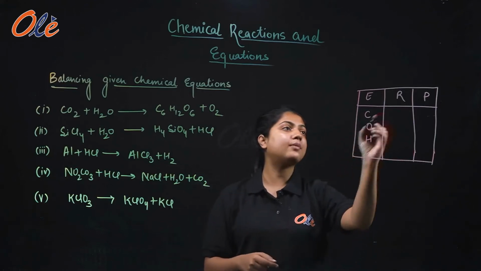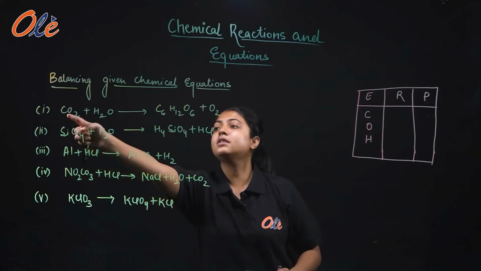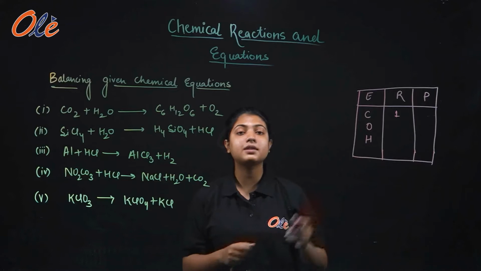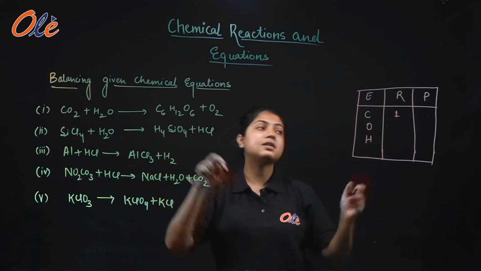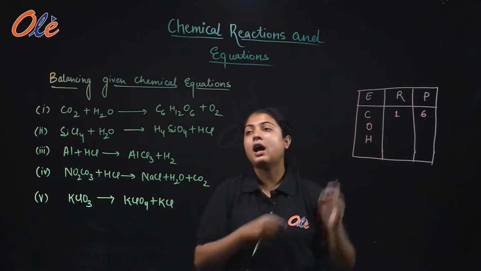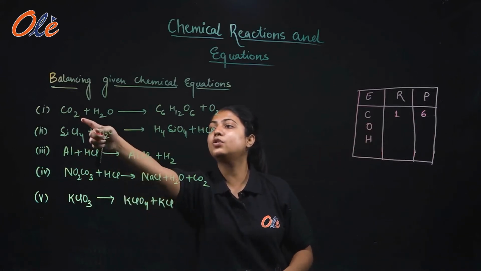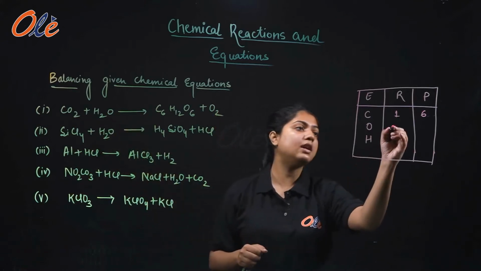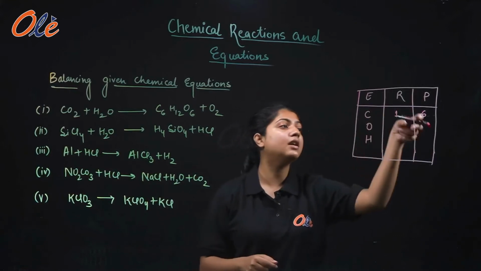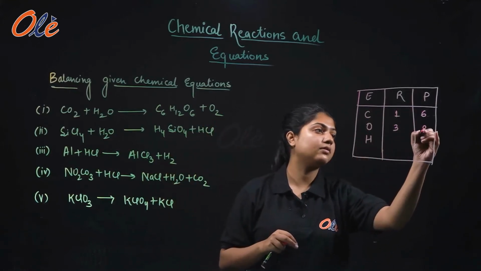So for carbon, how many carbon atoms are present in the reactant side? This is only 1. And how many carbon atoms are present in the product side? 6. Now oxygen, how many atoms of oxygen are present in the reactant side? 2 plus 1, that is 3. And how many oxygen atoms are present in the product side? 6 plus 2, that is 8.